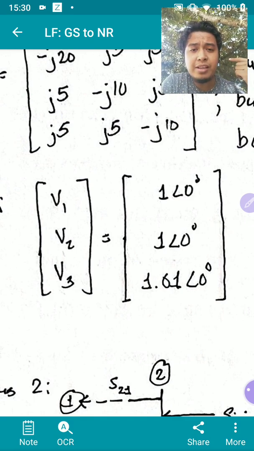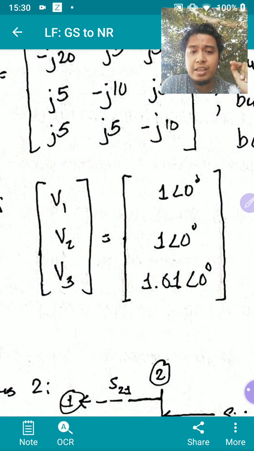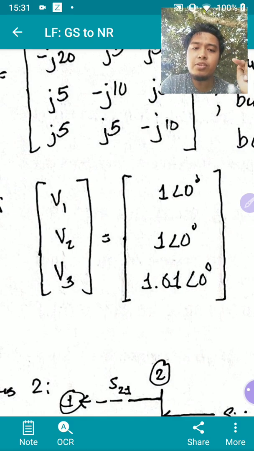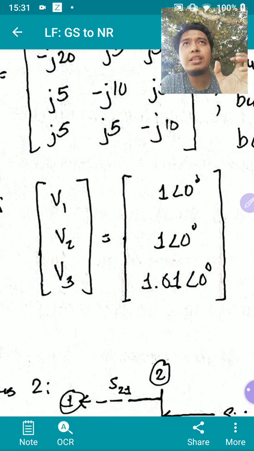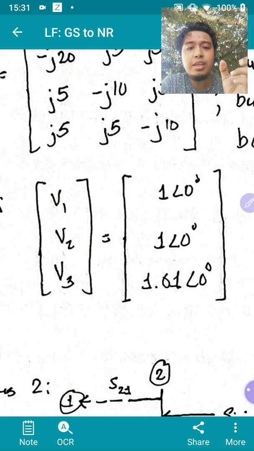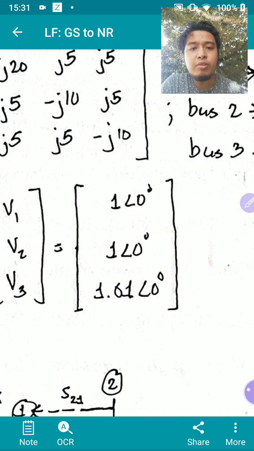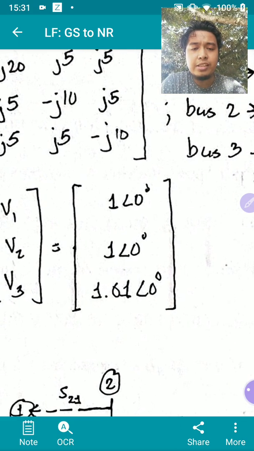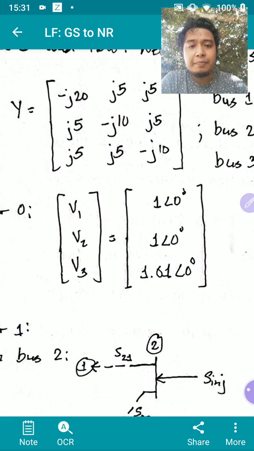So for buses 1 and 2, we use flat voltage 1 angle 0. For bus 3, we can use 1 angle 0, but because this is a PV bus, you want to maintain the voltage on that bus to be 1.01. So instead of 1 angle 0, we use 1.01 angle 0 on bus 3.